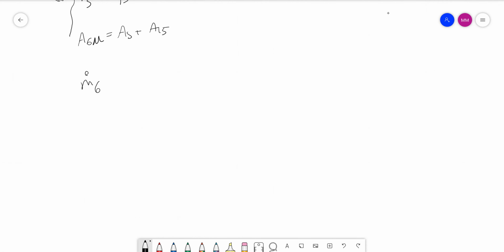We're going to get m dot 6m. We're going to take all of the terms we have for each station and combine them together, right?